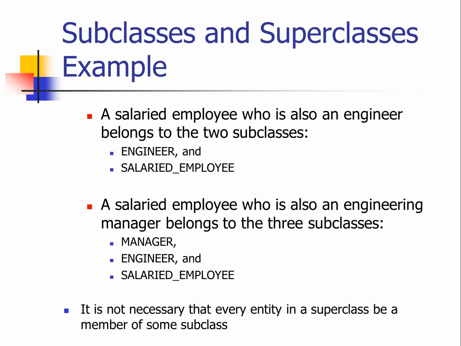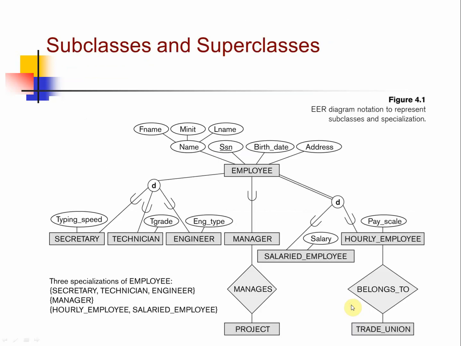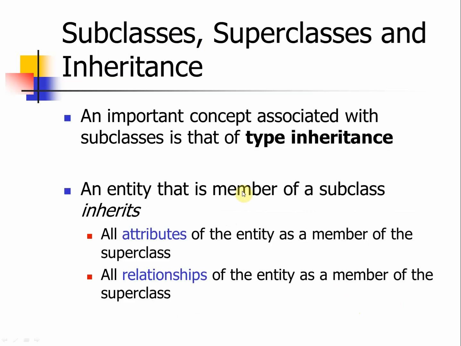It's not necessary that every entity in a superclass be a member of some subclass. We have seen this picture several times, and now you should have a very good understanding of what it means.